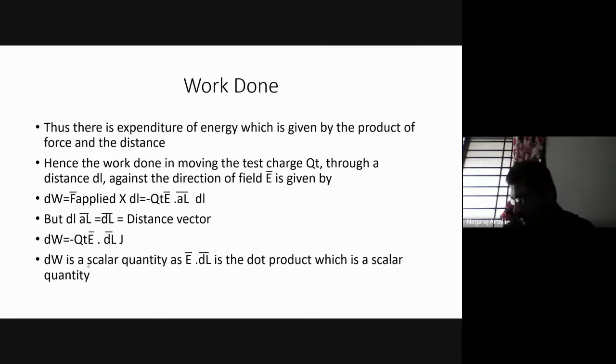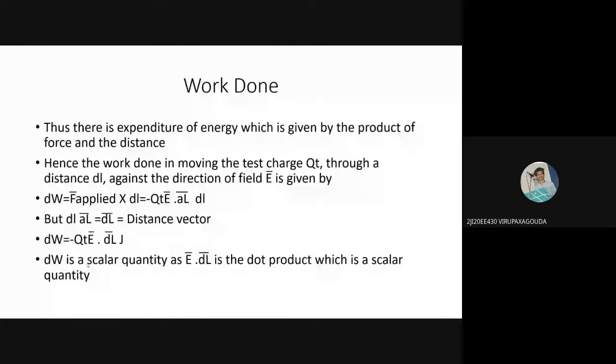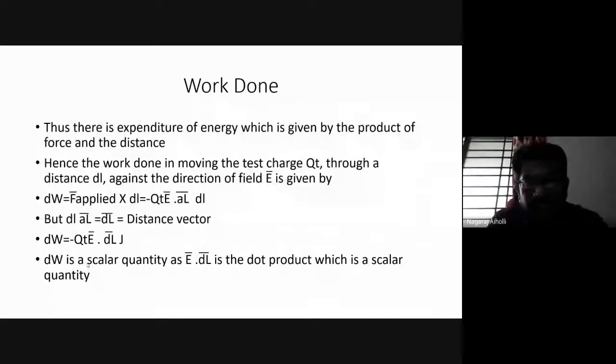What is the formula, students? Virpaksh Goda, are you here? Yes, sir. Which formula will use to calculate the work done? What is the general formula?